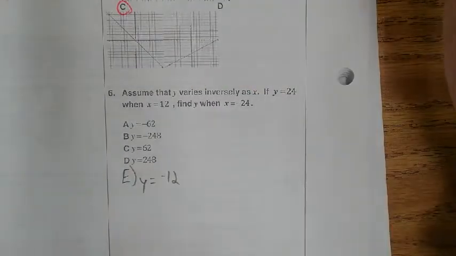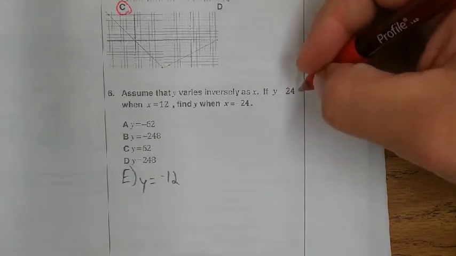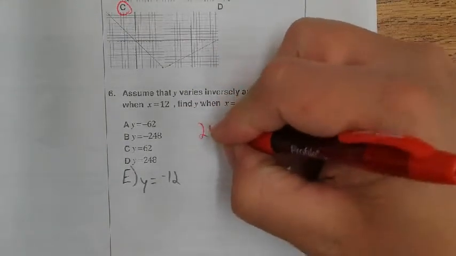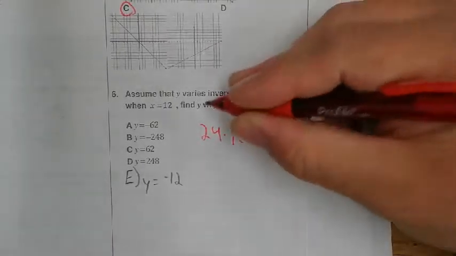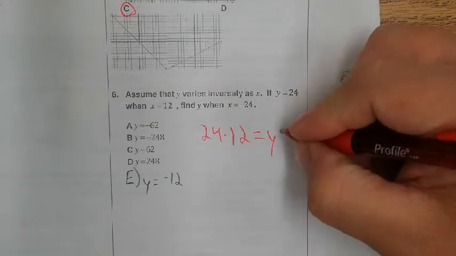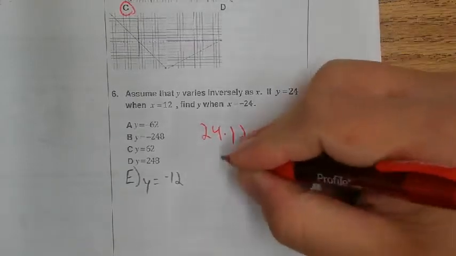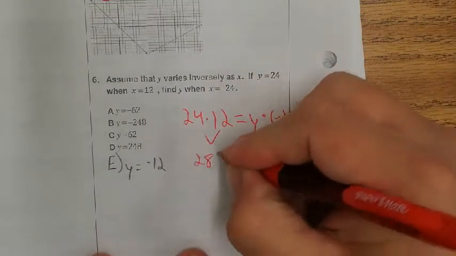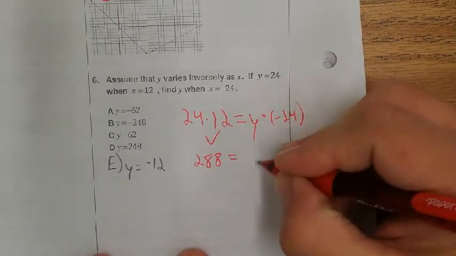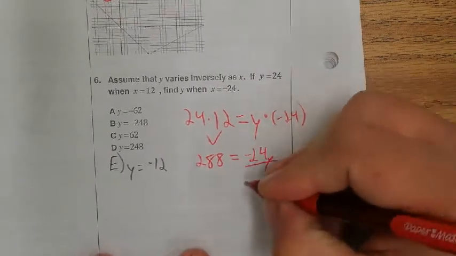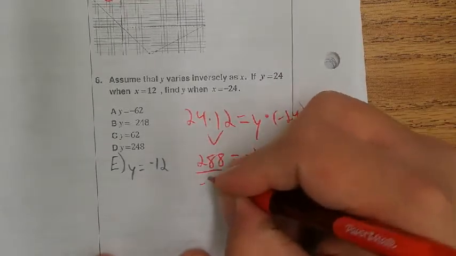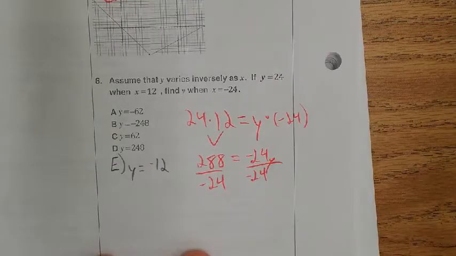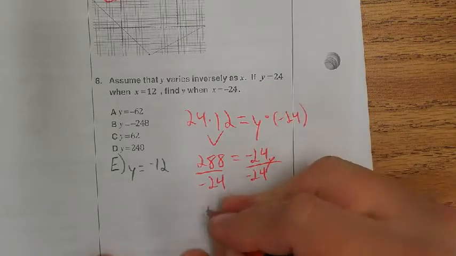This one's inverse. Inverse is when you multiply. So we do our y times our x, so 24 times 12 equals our y times our x. 24 times 12 gives us 288, equals y times -24, which would be -24y, and divide by -24, and you will get y equals -12.